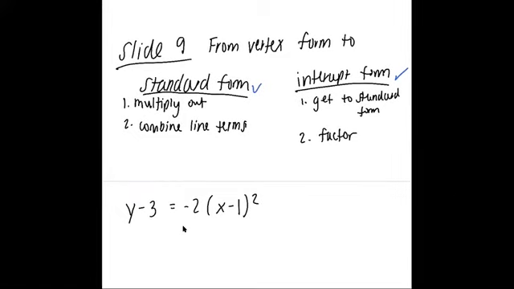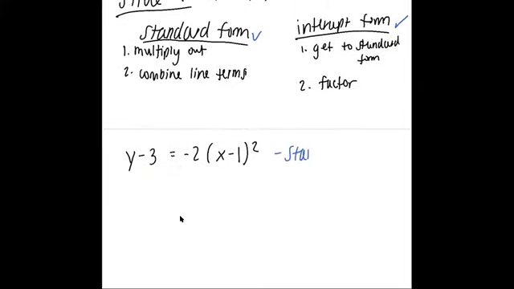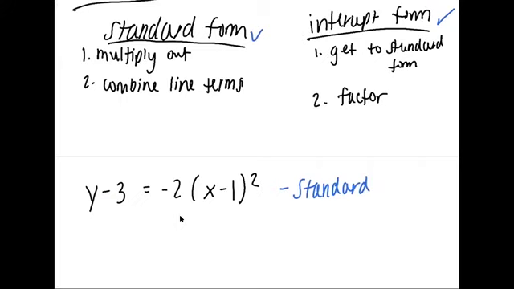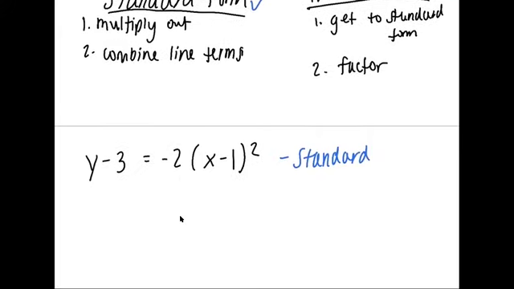For this first equation here, it's asking us to put this in the standard form. So it's asking us to go from vertex to standard form. We're going to follow this first procedure, which is multiply everything out and combine like terms. So what this looks like: we have y minus 3 equals negative 2 times x minus 1 squared.